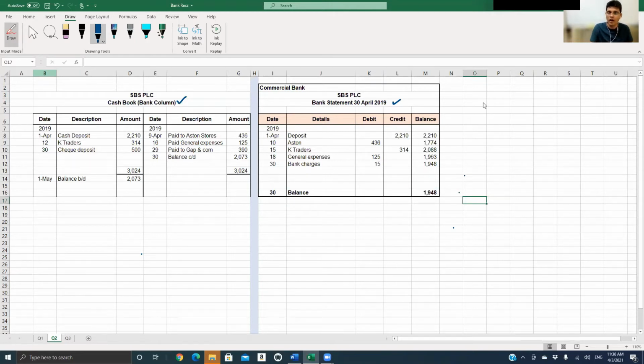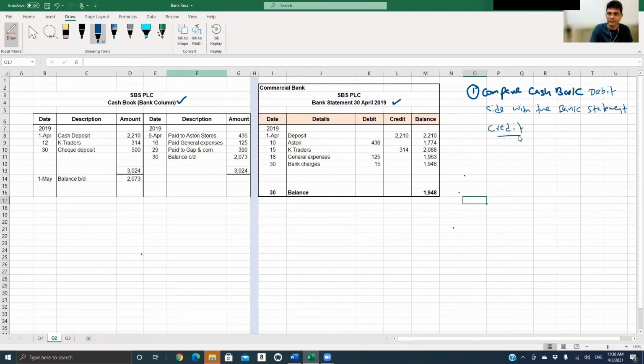So first of all, what you should do, as I explained in my previous session, you need to compare cash book debit side with the bank statement credit side.